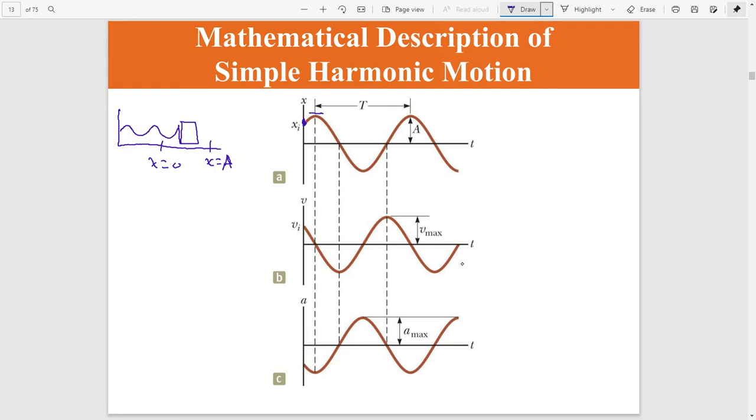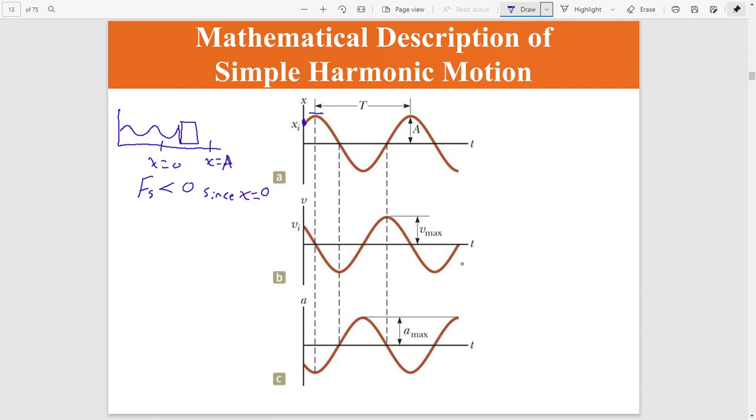Because we are at some displacement that's positive, by Hooke's law we expect the restoring force to be negative. Remember that the restoring force is equal to negative kx.